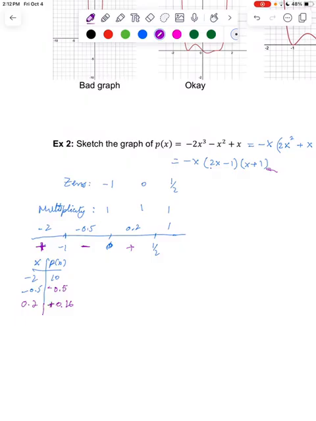Then at 1, when I plug in 1, I get negative, positive, positive, positive. So overall it's a negative value. At 1, the value is going to be negative 2.